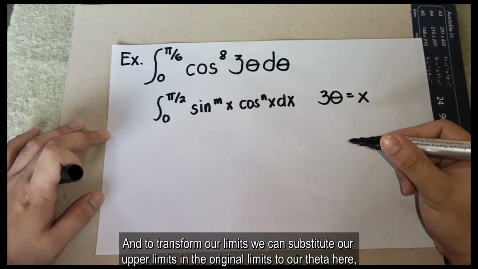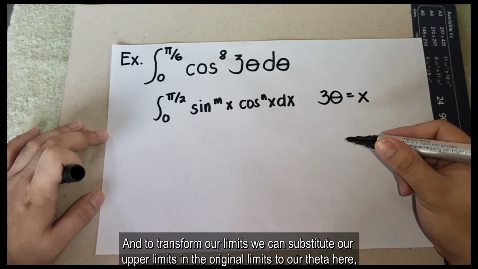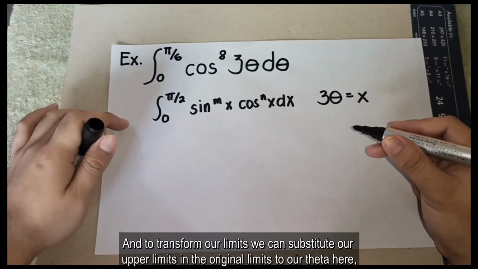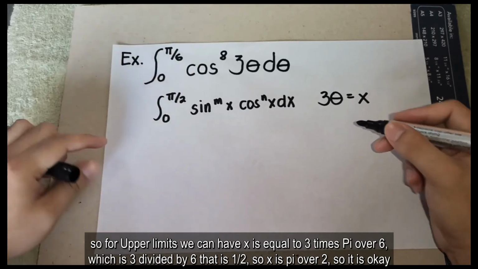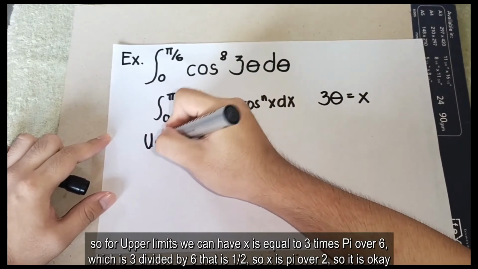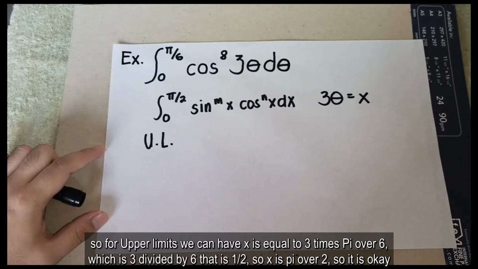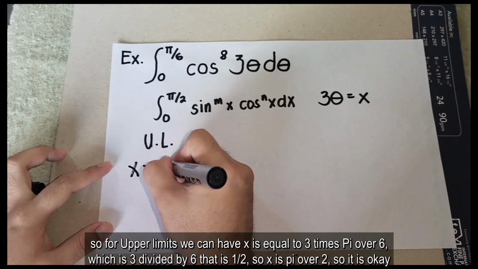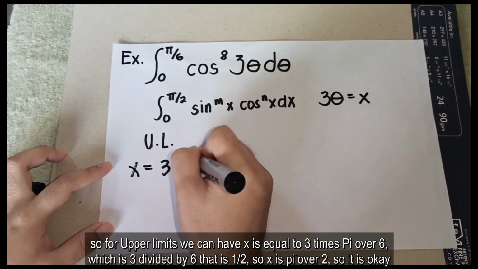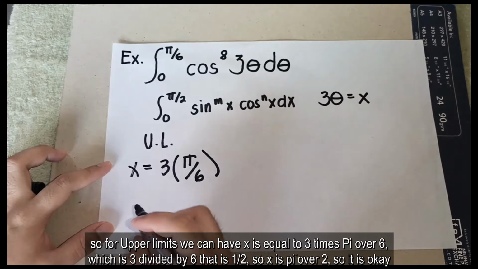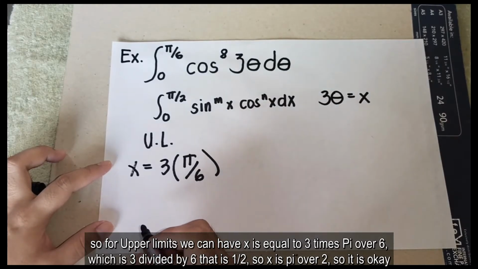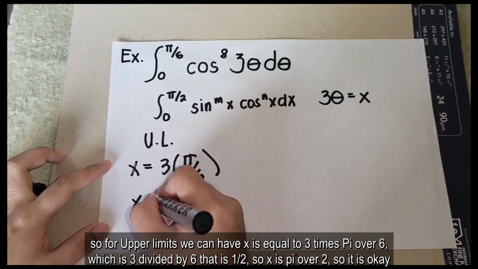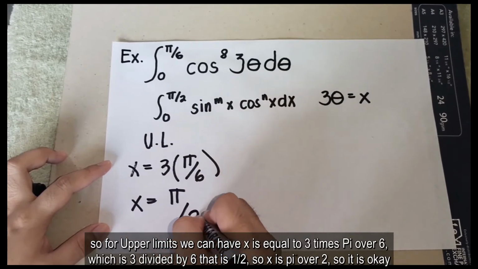And to transform our limit, we can substitute our original limits to our theta here. So, for the upper limit, we have x is equal to 3 times pi over 6, which is 3 divided by 6, that is pi over 2.